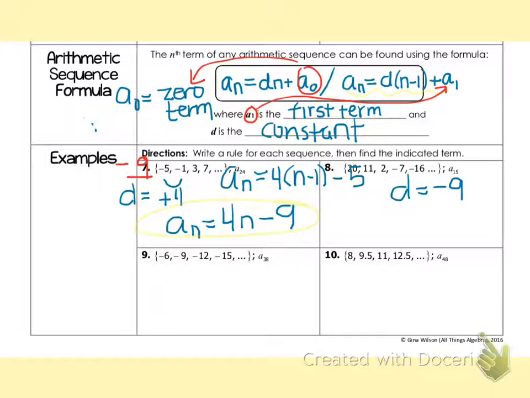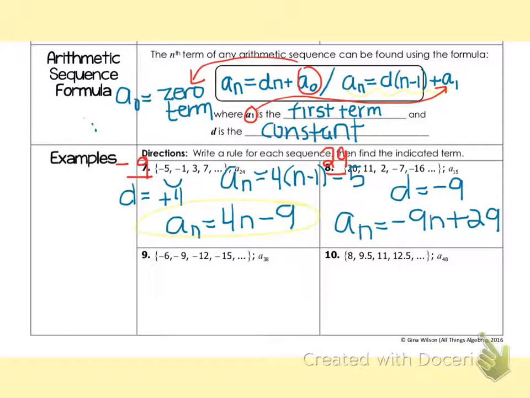The 0 term, again, if I worked backwards, instead of subtracting 9 going forward, I would add 9, then the prior term would have had to have been 29. That's my a sub 0. And so my formula would be a sub n is equal to -9 times n plus 29.